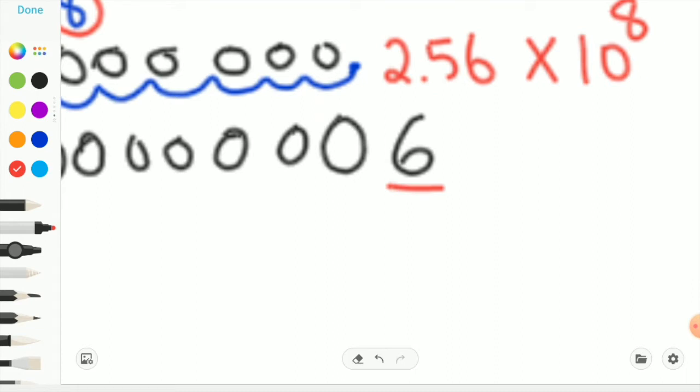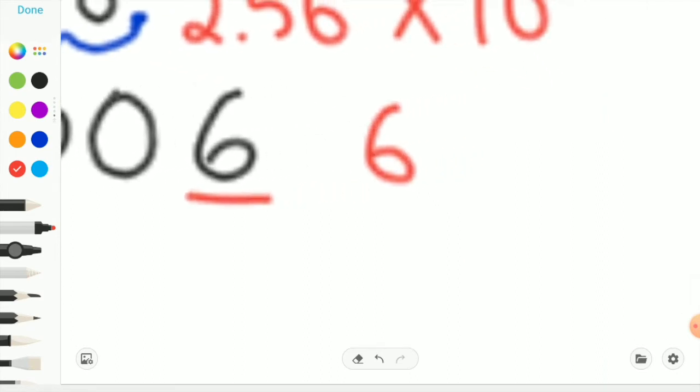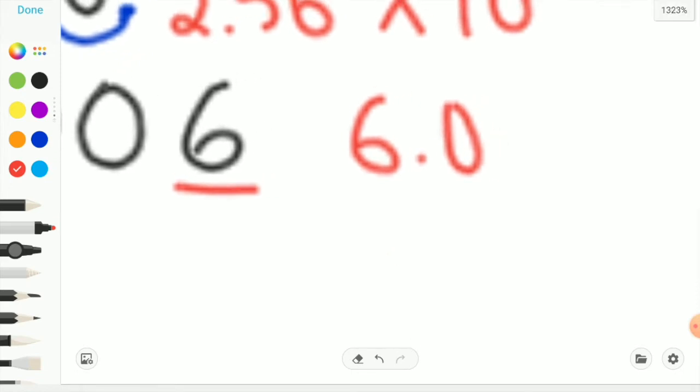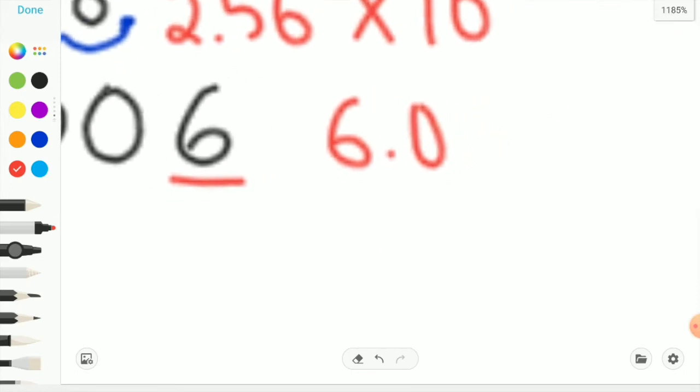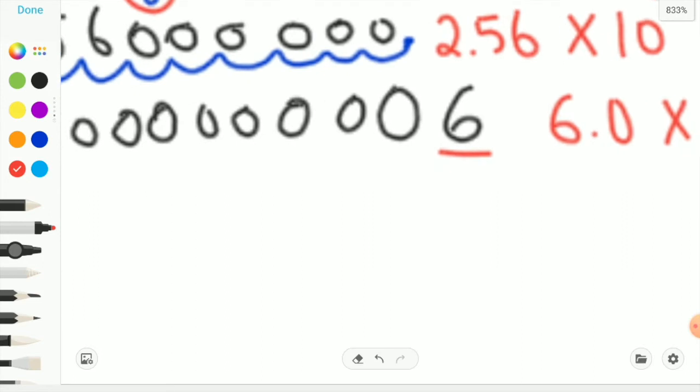So it's probably just going to be 6, right? Usually, when you're writing in scientific notation, you like to have a decimal with a 0, especially if it's a 1-digit number. So 6.0, and then it's going to be times 10 to something. Now we can figure out what that something is.